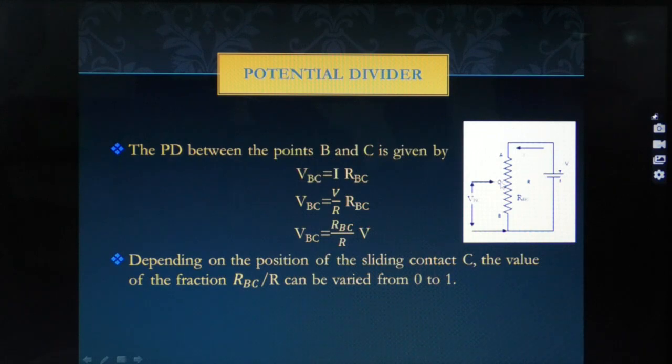For this purpose we consider C point. Here is C point, and when we consider C point, then what happens? This is giving you BC portion of the wire AB.